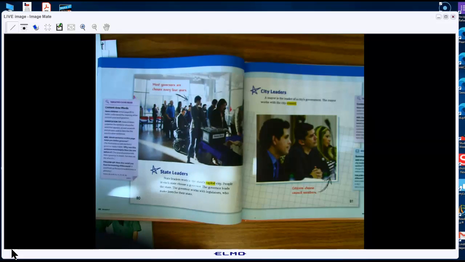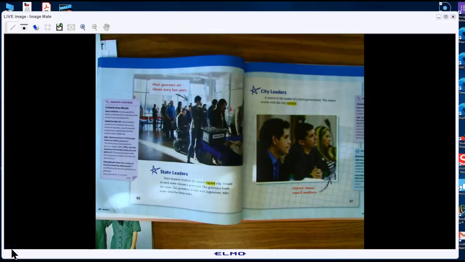State leaders work in the state's capital city. People in each state choose a governor. The governor leads the state. The governor works with legislators who make laws for their state. Kinsler? Okay. Isaiah? The governor leads the state. Now let's read the one right before that.